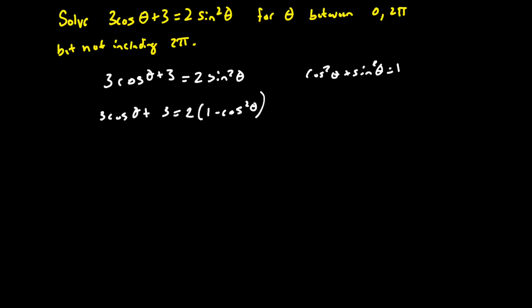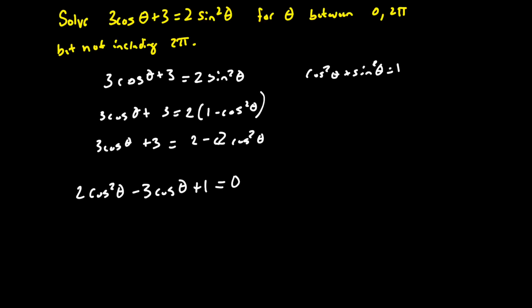And now we're going to go ahead and multiply this out and then write everything on the left-hand side. This is going to give us 3 cosine theta plus 3 is equal to 2 minus 2 cosine squared theta. Then this becomes 2 cosine squared theta minus 3 cosine theta plus 1.